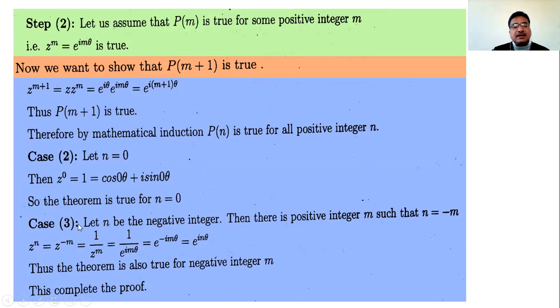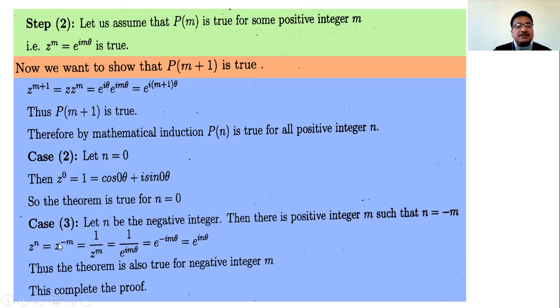Then the third case: let n be a negative integer. Suppose n is equal to minus m, where m is a positive integer. If n is a negative integer, its value is minus 1, minus 2, minus 3, minus 4, that is, minus some positive integer, let it be m.